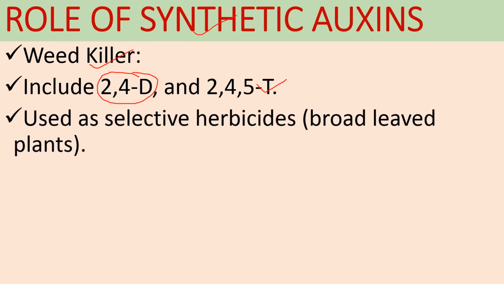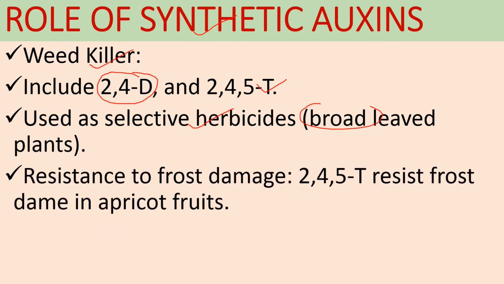So used as selective herbicides against broad-leaved plants. And they also help in tolerating frost damage. जो chilling injury है उससे tolerate करने के लिए भी ये जो 2,4,5-trichlorophenoxyacetic acid help करता है in apricot fruits.